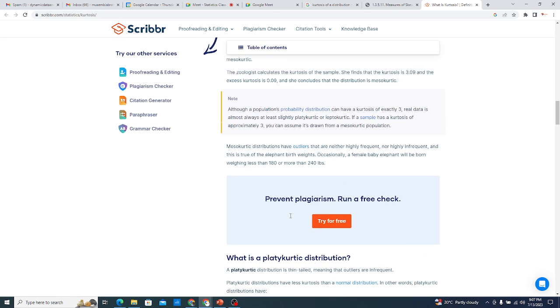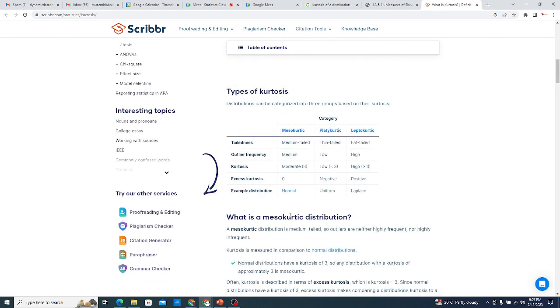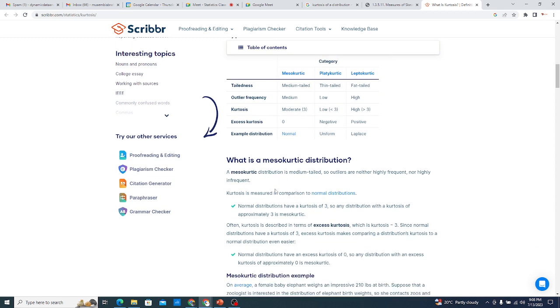Then with that we came across these types of kurtosis: kurtosis with medium thickness of a tail, kurtosis with a thin tail, and kurtosis with thicker or heavy tails. You can go and read more of the properties here.